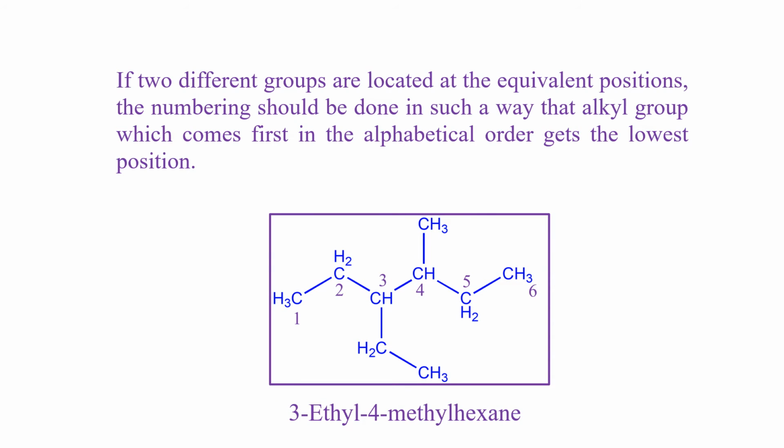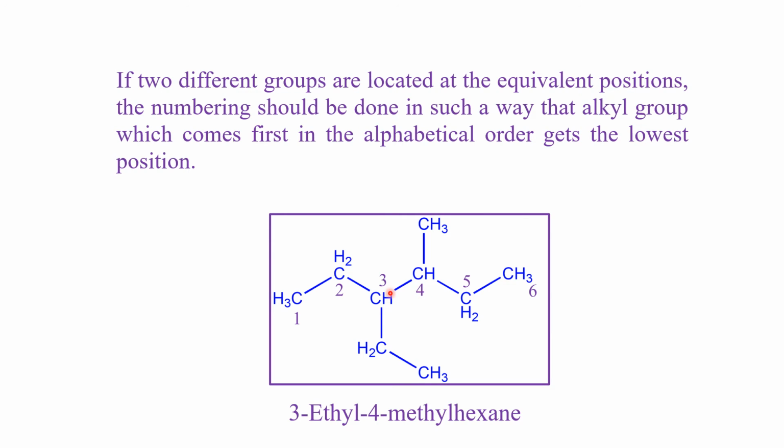So in this, when I have started numbering from either side, 1, 2, 3, 4, 5, 6, and if I reverse this, it will again be 1, 2, 3, 4, 5, 6. So there are two substituents at the third and fourth positions. Whatever the direction I start the numbering, the positions of the substituents are not going to change.